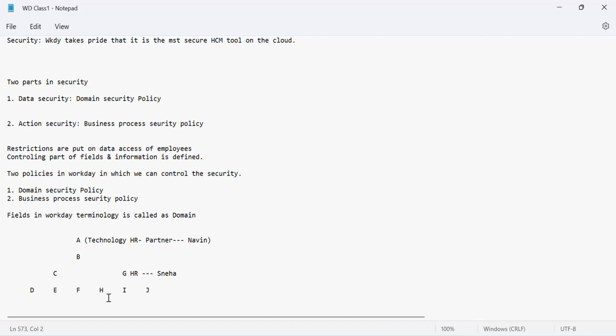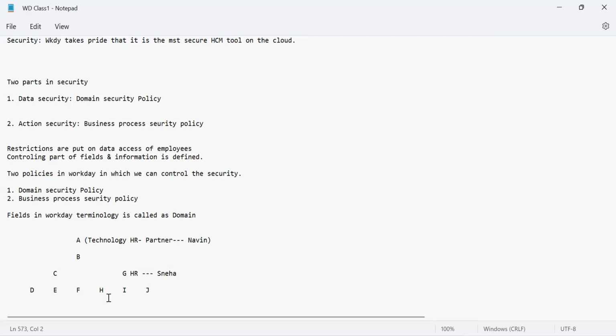And when you have different things clubbed together in a security group, whoever is a member of that security group will have the same permissions. Does that make sense?